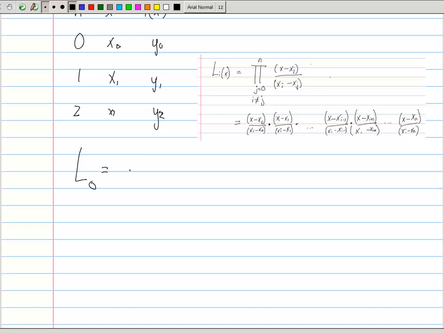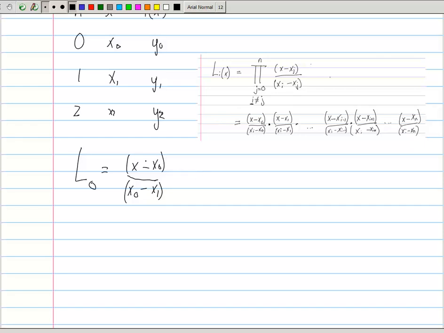So our L0 is going to be x minus xi, so that's going to be x0 in this case, divided by our xi, again x0, minus xj. Well, we know that j can't equal i by our statement here, so our first term is going to be x0 minus x1 as our first j.